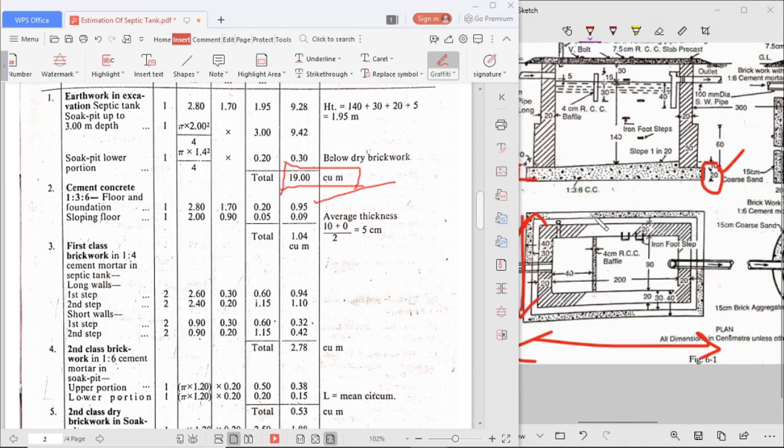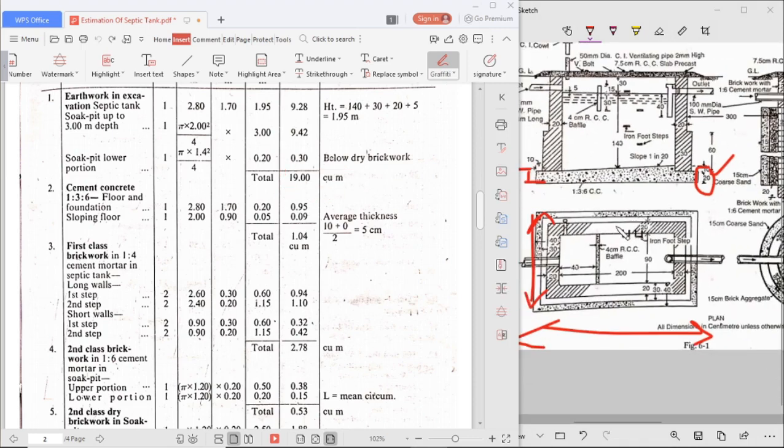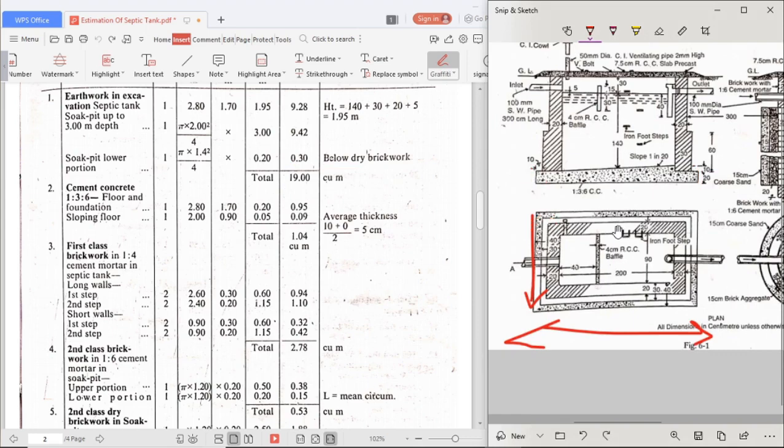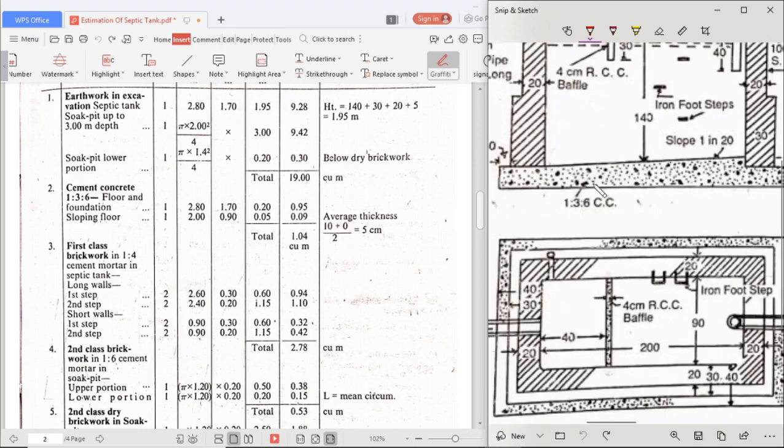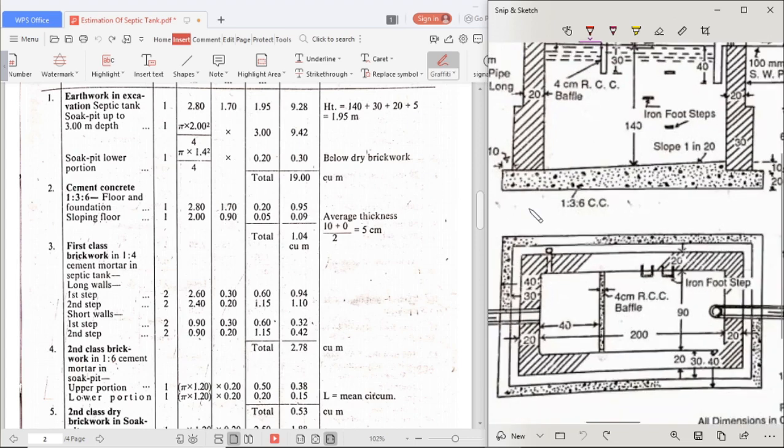Now as it is sloping, you have to calculate the sloping floor also. See here. Sloping floor starts only at the inner dimension, that is 200.